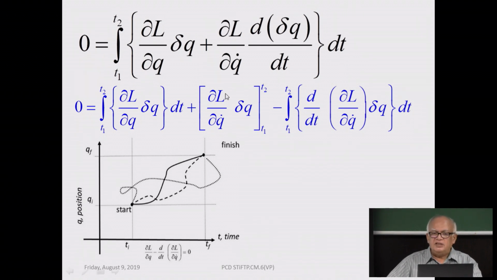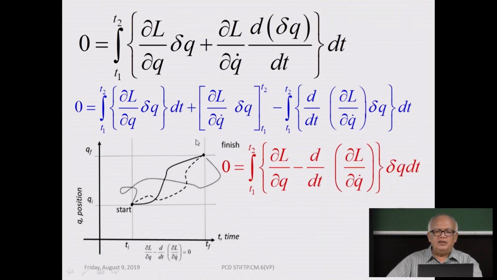So you are taking a difference of this quantity at the upper limit and subtracting from it the value this quantity has at the lower limit, but delta Q is 0 both at the top limit as well as at the bottom limit, because the variations are in between, not at the start point or the finish point. Okay, so this term goes to 0, right?